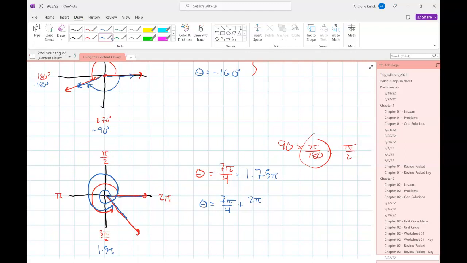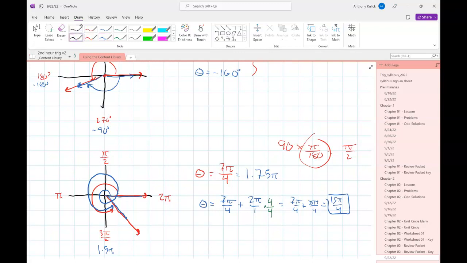If your angle is in radians, we use radian measures, and if we're in degrees, we use degree measures. So if I wanted to add those two together, what do I need to do? Make a common denominator, very good. I can do 4 over 4, so that's 7 pi over 4 plus 8 pi over 4 equals 15 pi over 4. So that would be the blue angle that's coterminal to the red one that we drew.